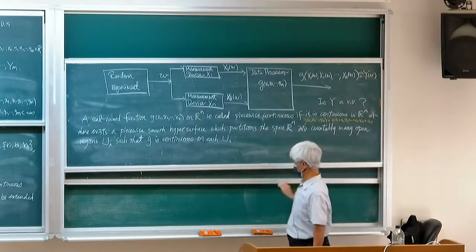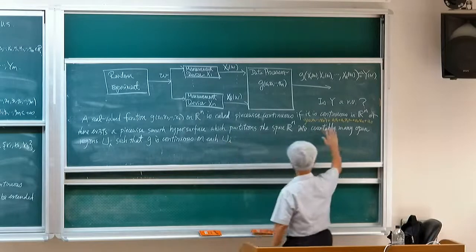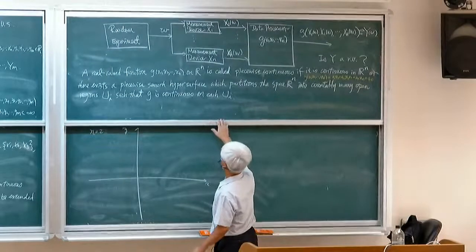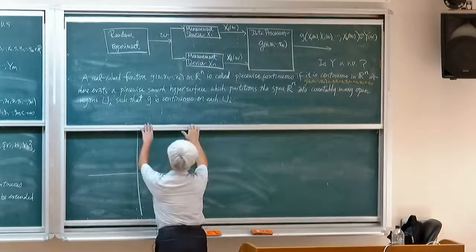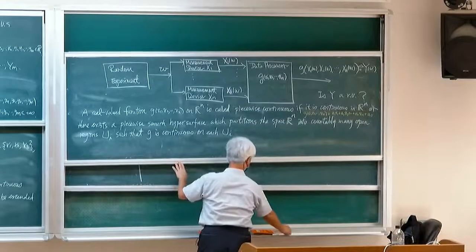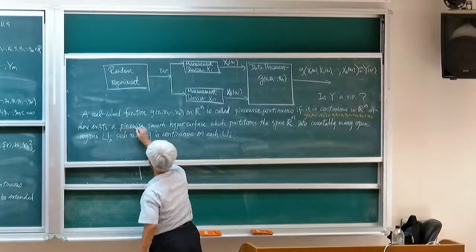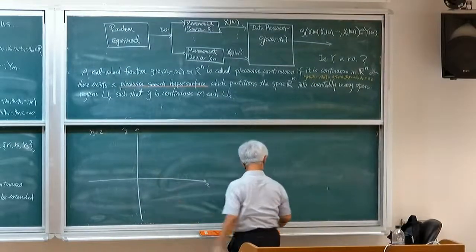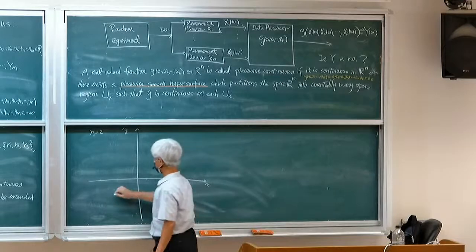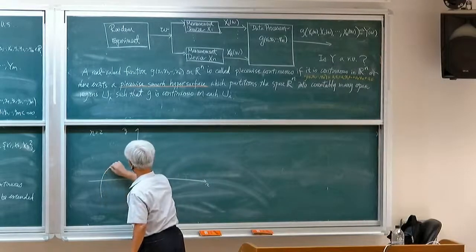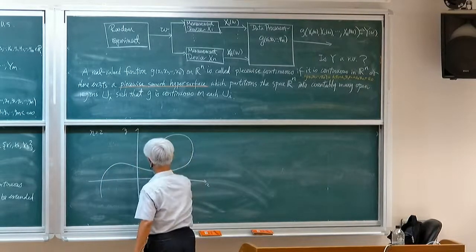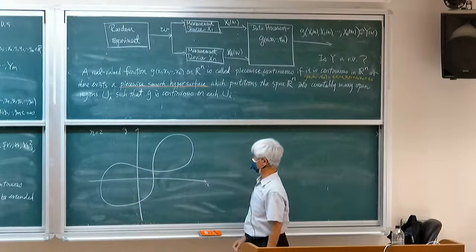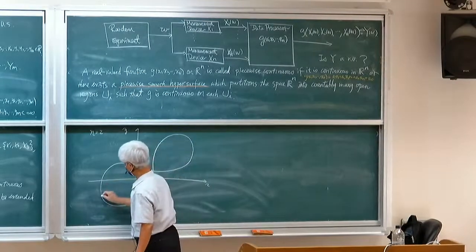But some functions may not be such nice functions. So you may have a piecewise smooth hypersurface which partitions the plane. For example, you may have a surface like this one.